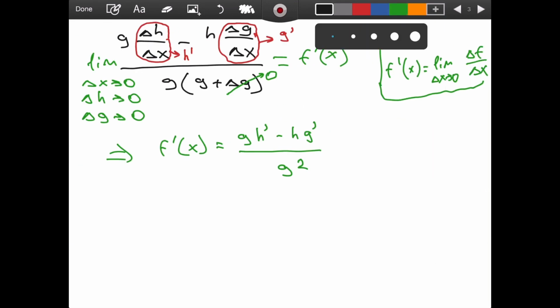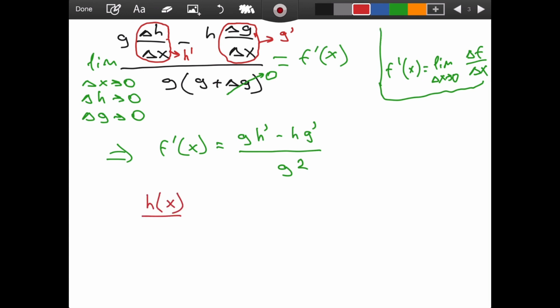So the result is, if you have a division of two functions, a quotient of two functions, to get their derivative, what you do is you take the derivative of the first function, the one in the numerator, and you multiply it with the second function, the one in the denominator. Then you have a negative sign.